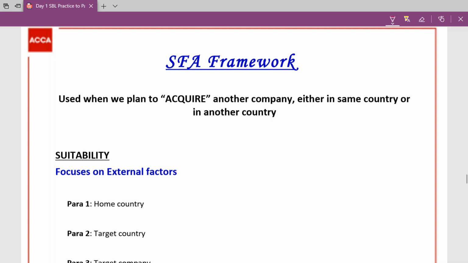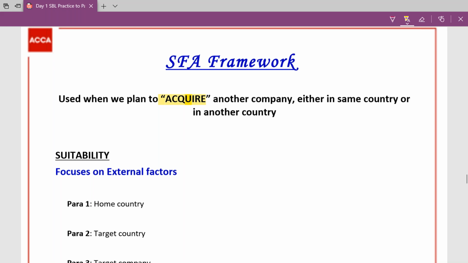First thing, when do we use this model? This model is used when we plan to acquire another company, either in the same country or in another country. The country doesn't matter. The keyword is acquire. Whenever we are thinking of acquiring another company, we do our analysis using the SFA framework.